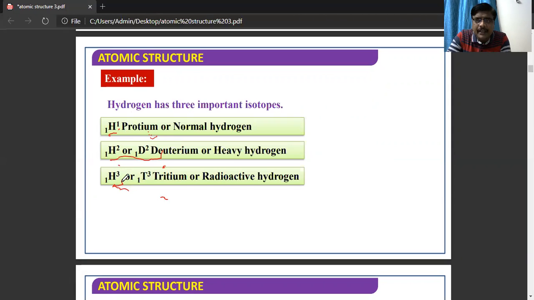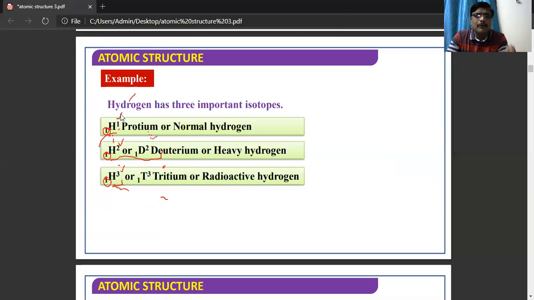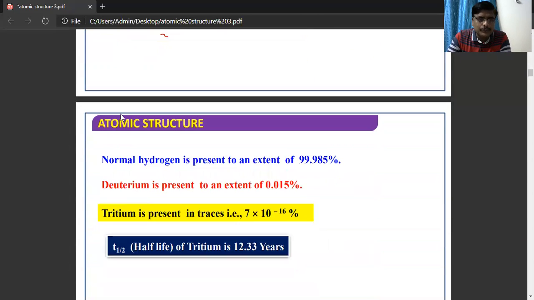These are the 3 important isotopes formed by hydrogen. In all of these, the atomic number is the same, but the mass numbers are different: 1, 2, 3. Such species are known as isotopes.